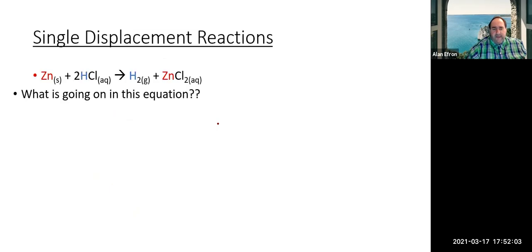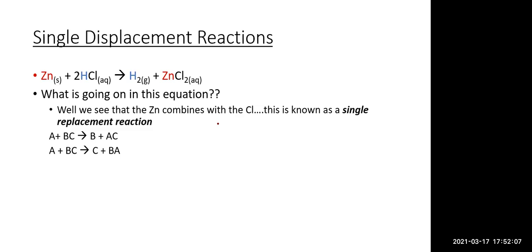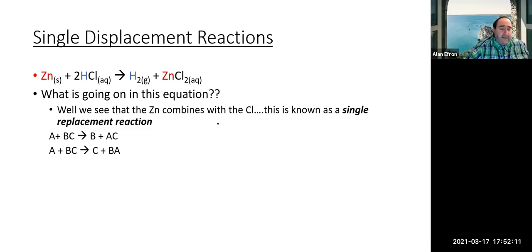Another classification is one which is known as a single replacement reaction. And in a single replacement reaction, much like the title sort of implies, we have somebody coming in to the reaction and replacing it. So for example, here, if A was a metal, this would be a metal all by itself, uncombined, no charge.